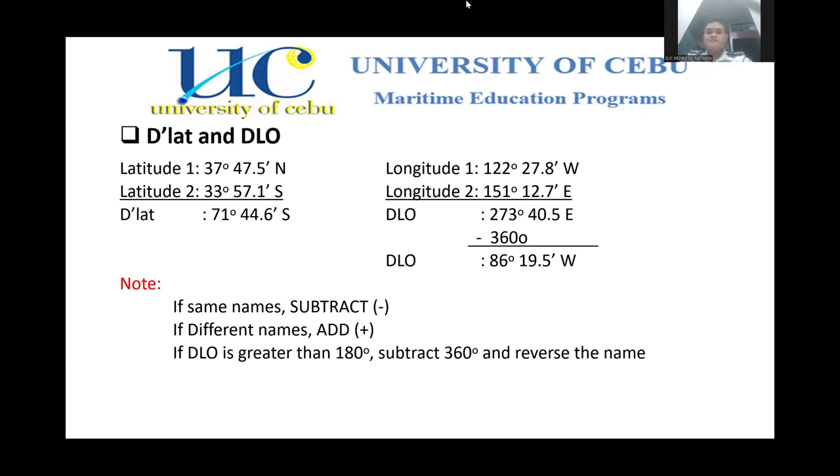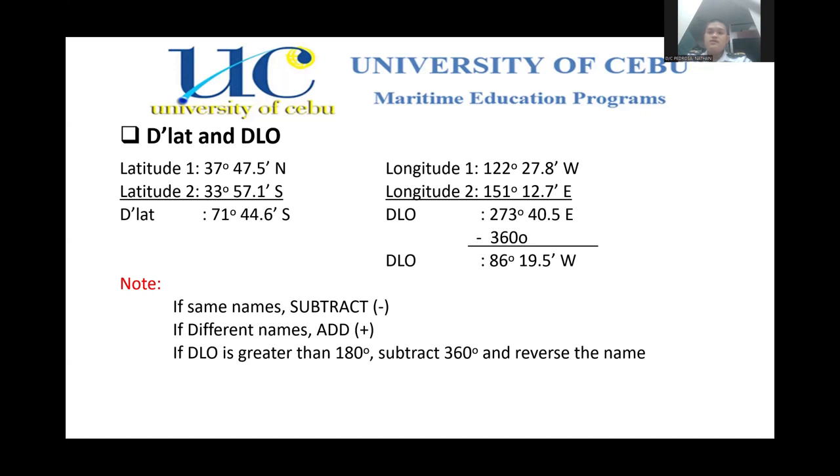Next is longitude 1, which is the given 122 degrees 27.8 minutes west, and longitude 2, 151 degrees 12.7 minutes east. So different name, so we must add. And the equivalent is 273 degrees 14.5 minutes east.